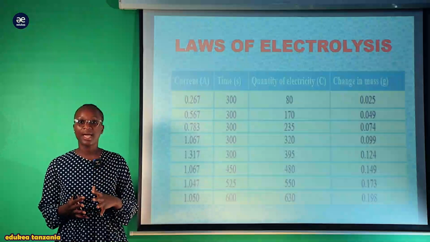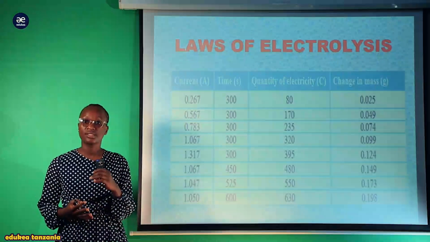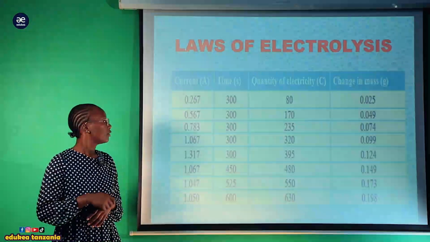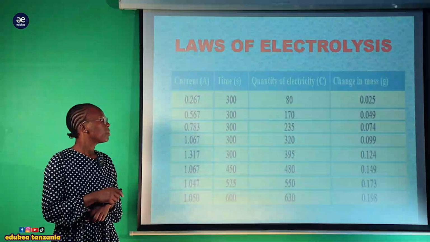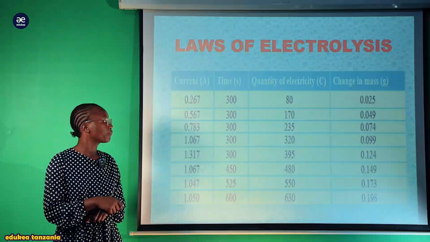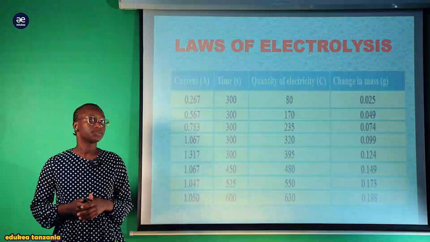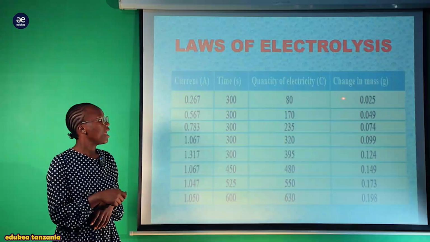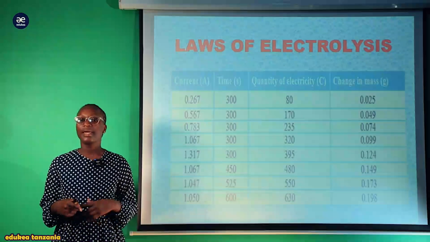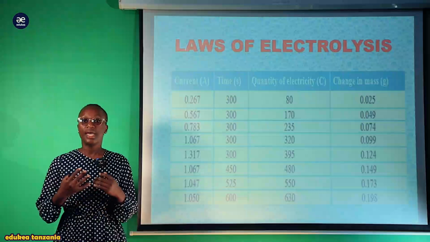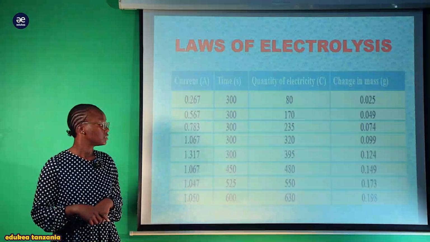We also consider the quantity of electricity produced or consumed. Now there is a change in mass of those particular electrodes.